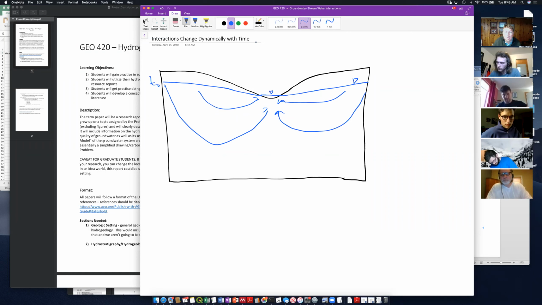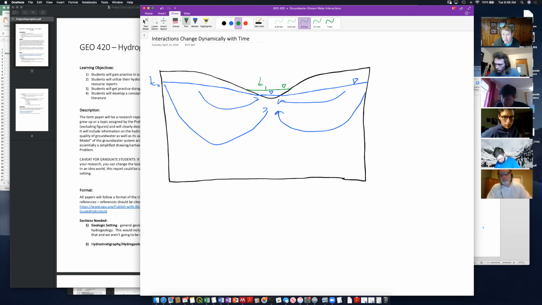Now we're melting snow up high. All right. And we're flowing water down into the Missoula Valley or down into these adjacent valleys. And we're increasing the water level in our stream.